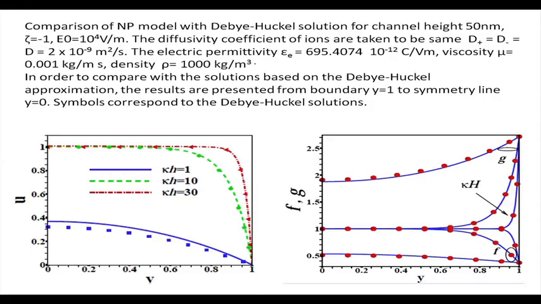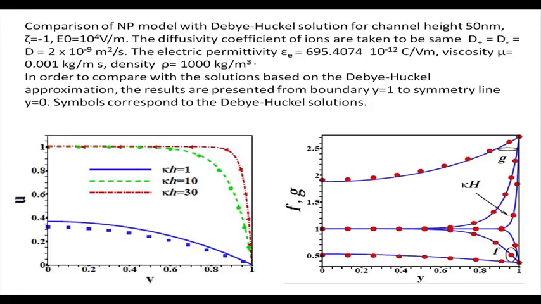So what we find is that Debye-Huckel solutions are okay at thinner Debye length. That means when electrolyte concentration is high, kappa h say greater than 1, we get a good comparison with the Debye-Huckel solution. But if the Debye layer thickness is comparable with the channel height, so that means kappa h equal to 1 means lambda equal to h, then basically what is happening is the overlap of Debye layers.